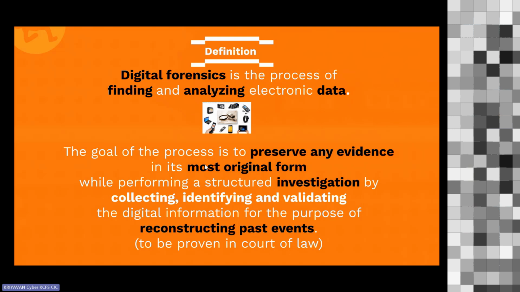Why are we doing all these things? Just like you see in the movie, someone says what happened last week, Friday, this date, this time. In the movie, they will rewind and show. Typically, we are going to reconstruct the past event in a digitally sound manner that can be produced in a court of law. So preserving the evidence in the most original form and investigating to reconstruct the past event, that is called digital forensic.